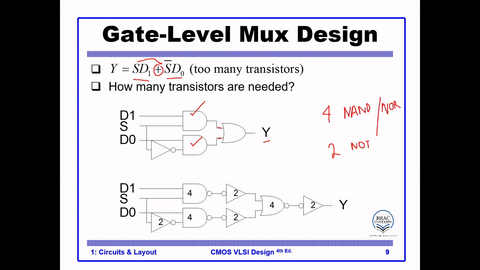So if we put these values in these gates, we also need to build an AND gate, which is a NAND gate and a NOT gate, and an OR gate, which we decompose into a NOR gate and a NOT gate like this.